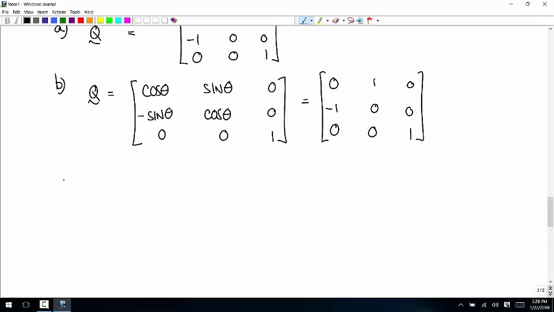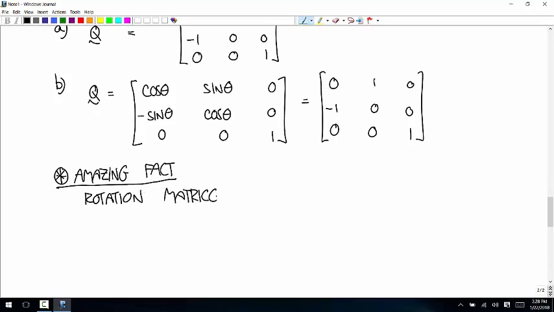Amazing fact. Rotation matrices are orthogonal matrices.